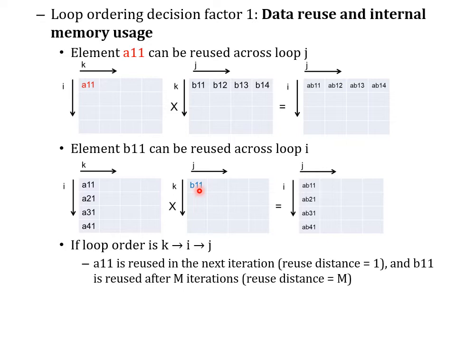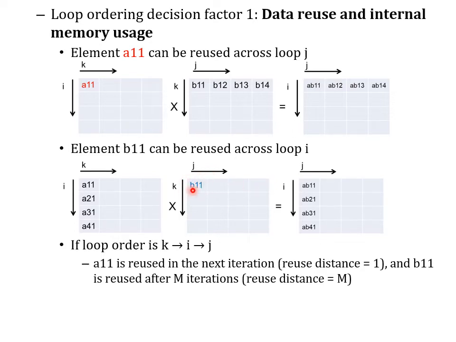Make sense? So let's look at it in the left picture. So it's K, I, J. B11 will be multiplied with the A11, and the B12 will be multiplied with the A11, right? And when does B11 get accessed? 1, 2, 3, 4.